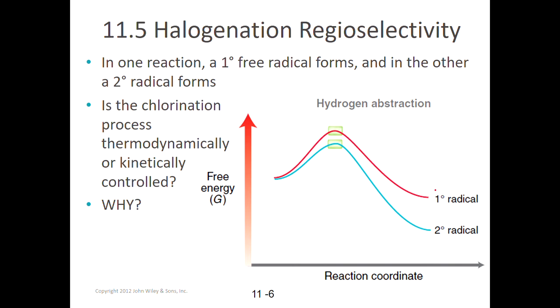As we said, the primary free radical is less stable, higher in energy, which also means it's higher in free energy or less favored thermodynamically than the secondary radical, specifically due to the hyperconjugation we discussed. And that's not only true once the radical forms, it's also true during the transition state.